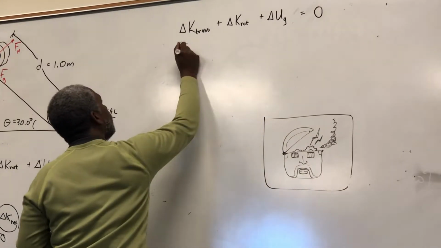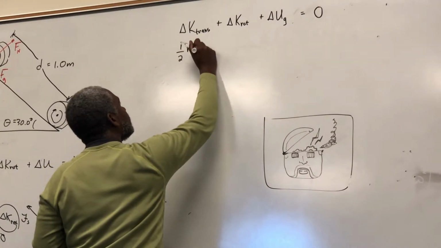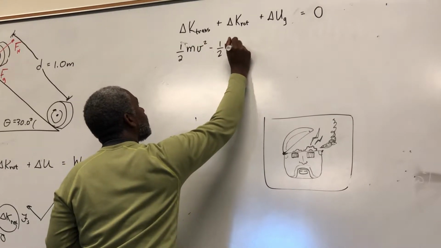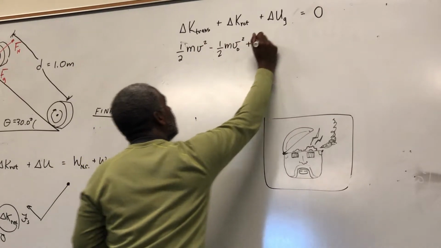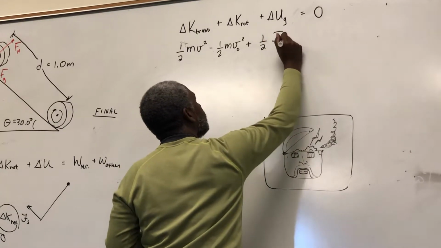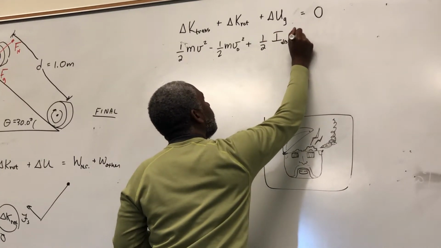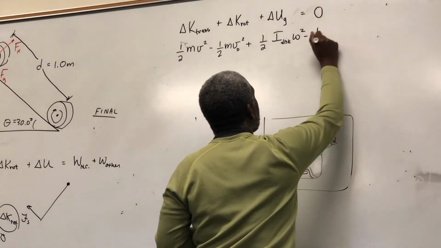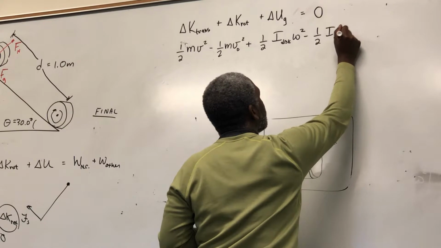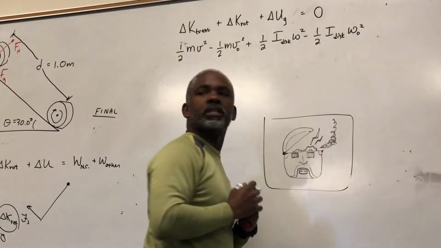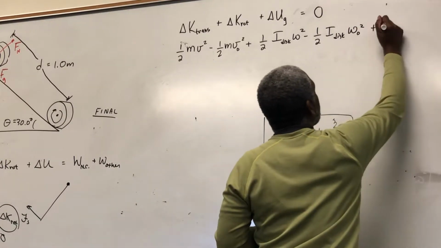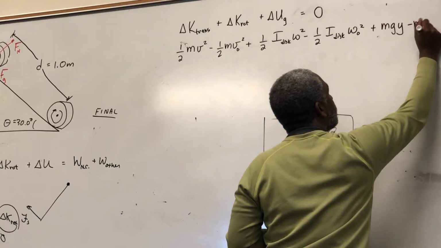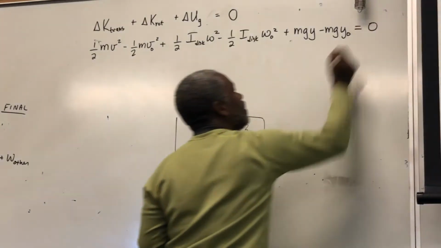So here it's 1/2 mass of the disk, final speed of the disk squared, minus 1/2 mass of the disk, initial speed of the disk squared, plus 1/2 rotational inertia of the disk, final angular speed of the disk squared, minus 1/2 rotational inertia of the disk, initial angular speed of the disk squared, plus mg final height minus mg initial height is equal to 0.